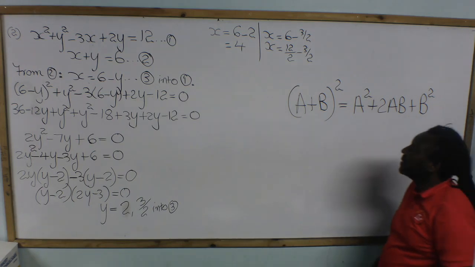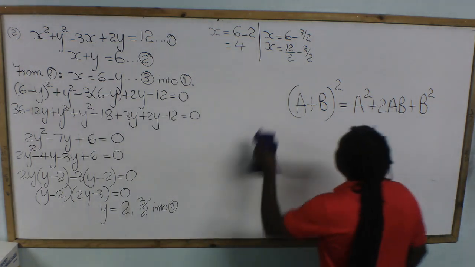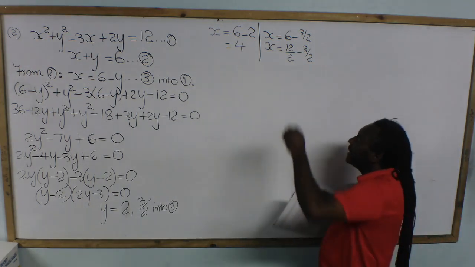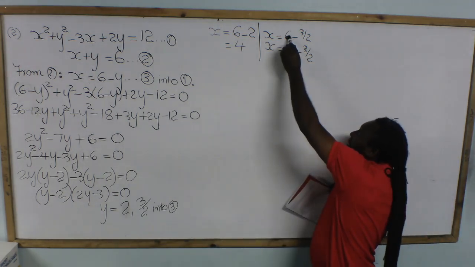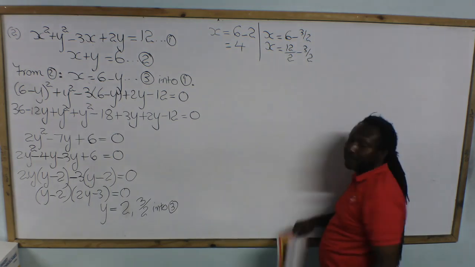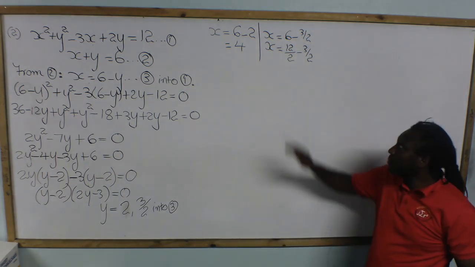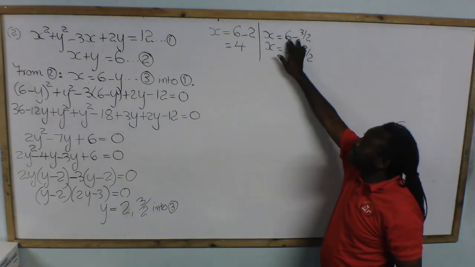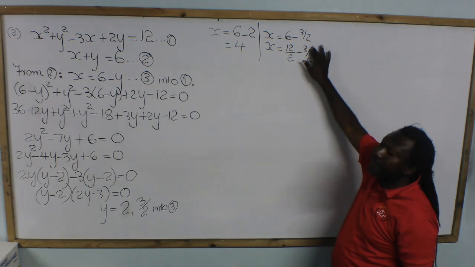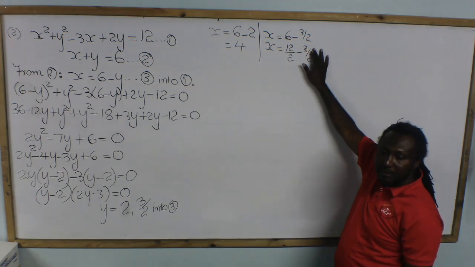So x is equal to 6 minus 3 over 2, and the 6 is rewritten with the same denominator for ease of subtraction. The subtraction is easy if we write the whole number as a fraction with the same denominator as the fraction that we have here.